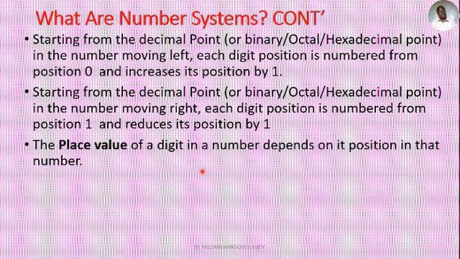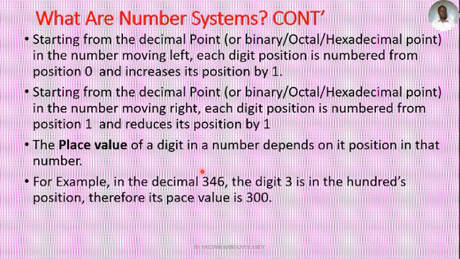Now the place value of a digit in a number depends on its position in the number. For example, in the decimal number 346, the digit 3 is in the 100s position, and therefore its place value is 300.